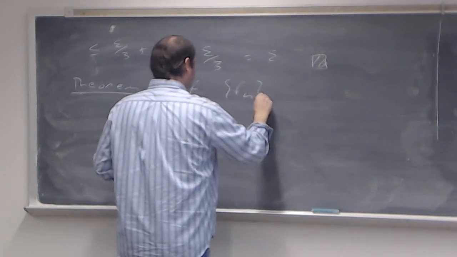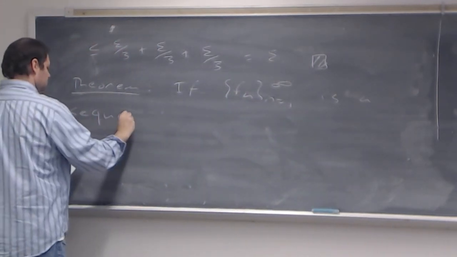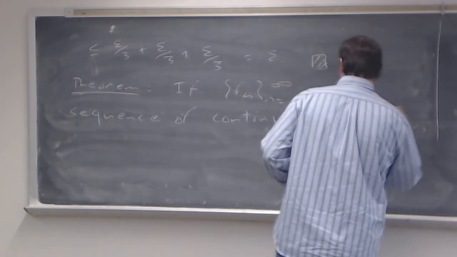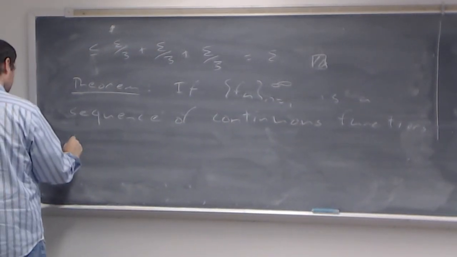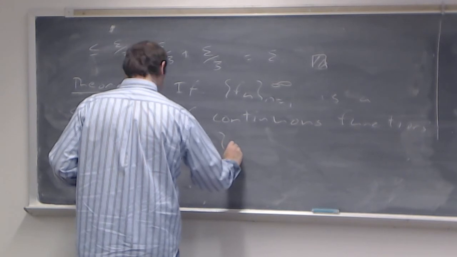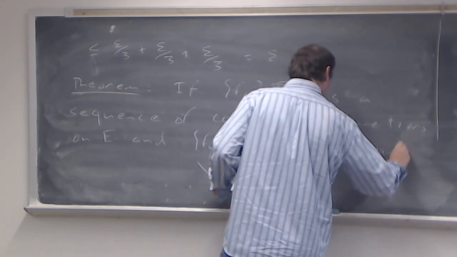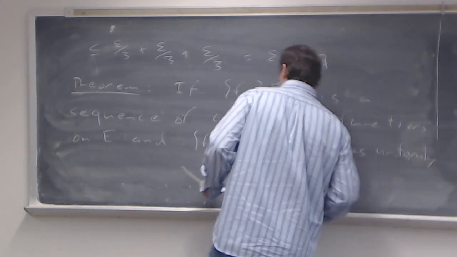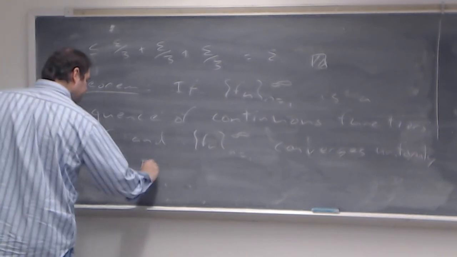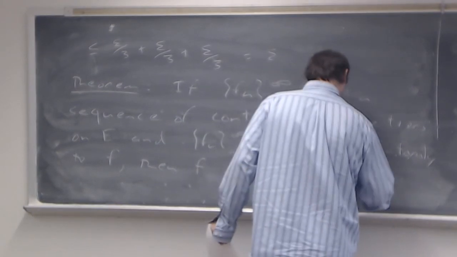If f sub n is a sequence of continuous functions on E, and f sub n converges uniformly to f, then f is continuous on E.